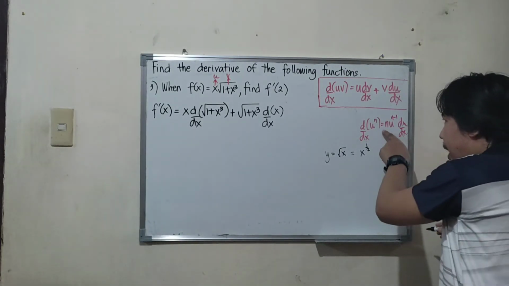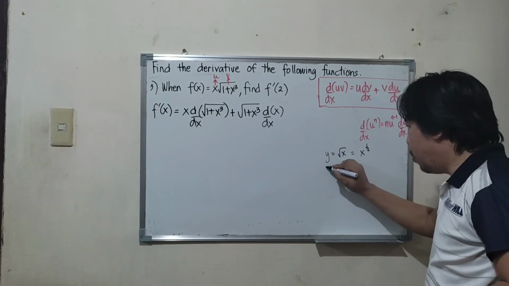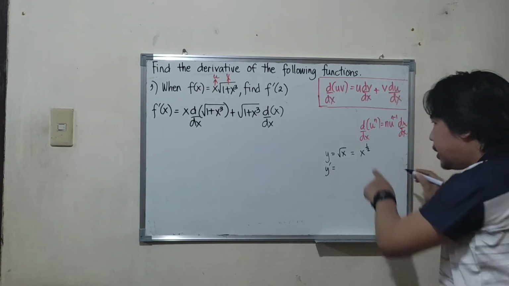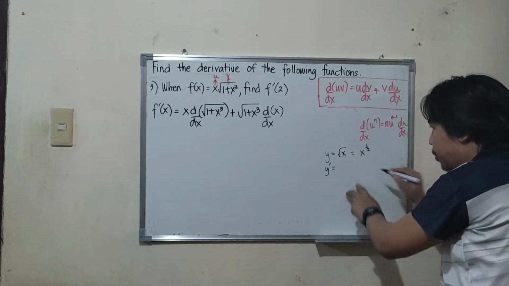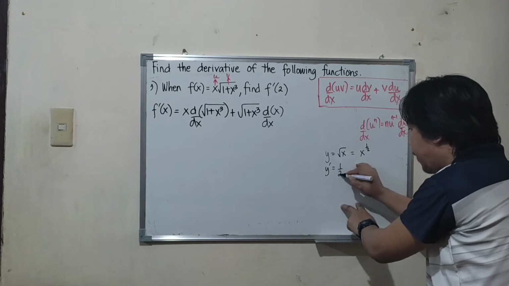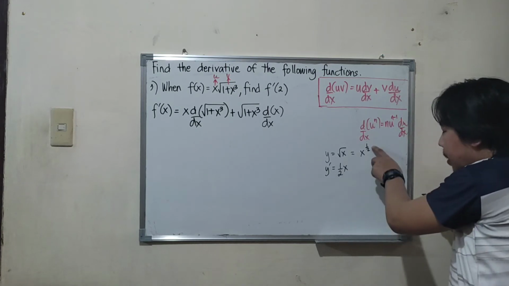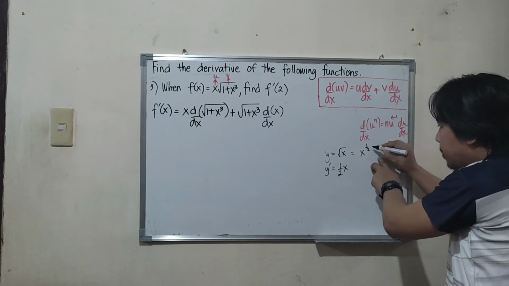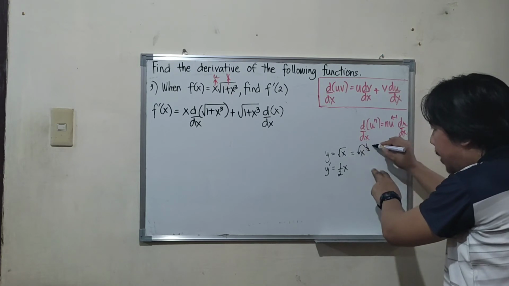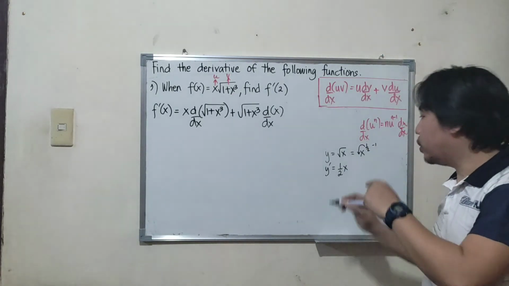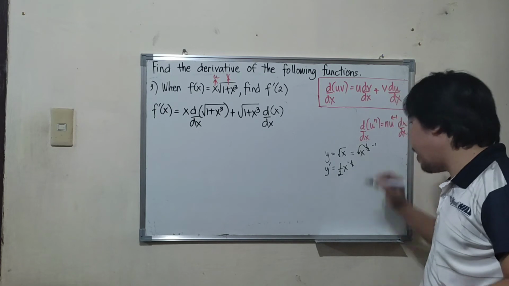Okay? Then, apply this. So, we have y prime or the derivative is equal to multiply 1 half to the x. We have 1 half x to the 1 half minus 1. So, punta dito yung 1 half, then minus 1. 1 half minus 1, so that is equal to negative 1 half.